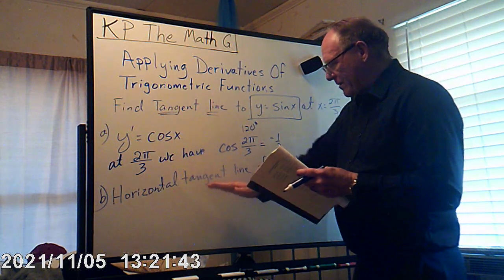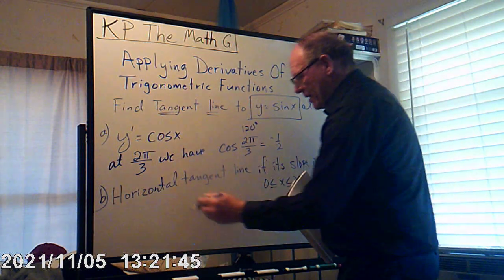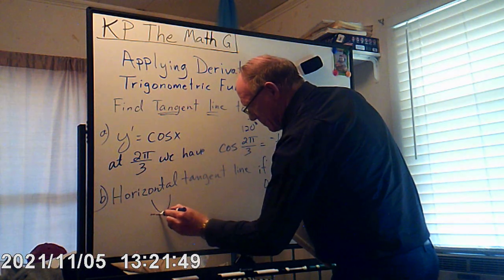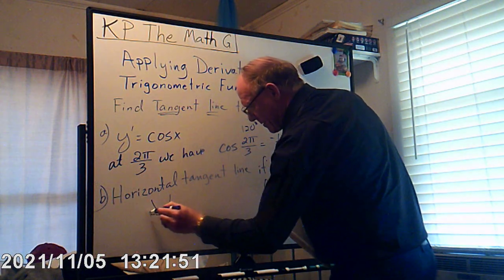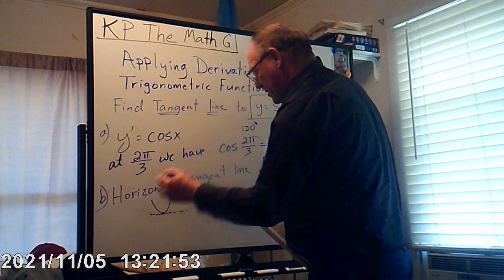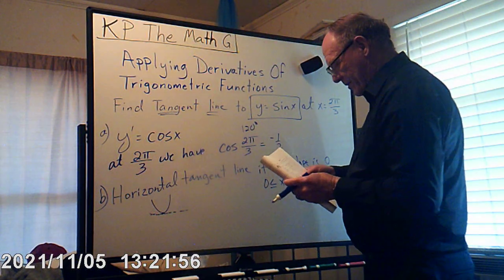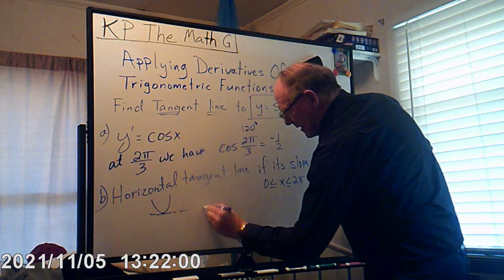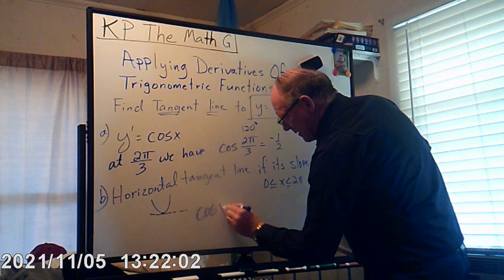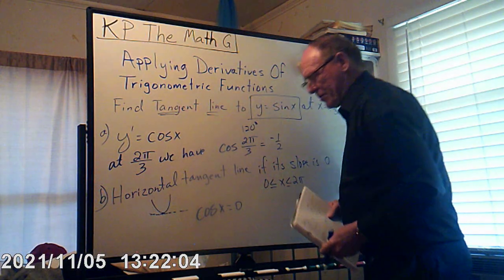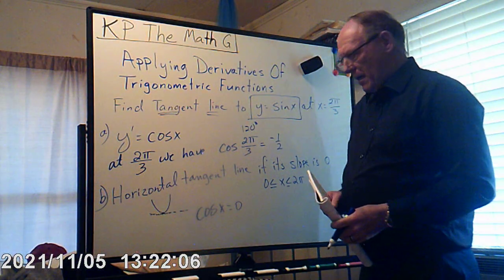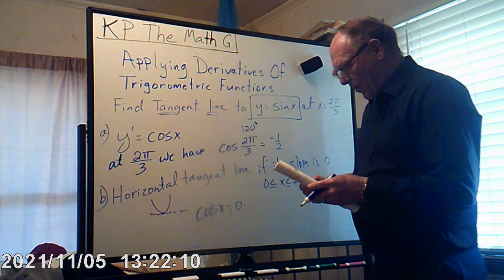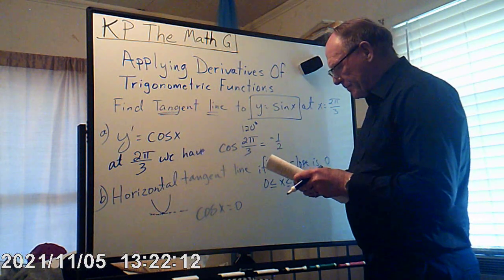Whatever the curve is, a horizontal tangent line would be where the slope is equal to 0. We just found that the slope is cosine x, so cosine x equals 0.